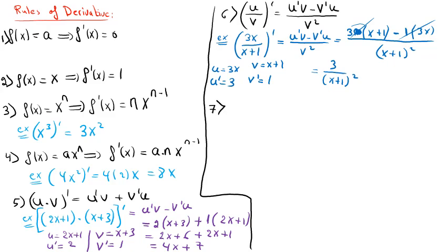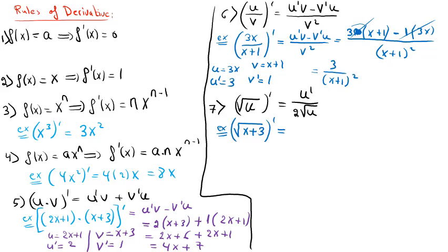Part 7, radical. We have radical, in general, radical u. If we make derivative, it is u prime over 2 radical u. Example, if we have radical x plus 3 and we make derivative, here u is x plus 3.